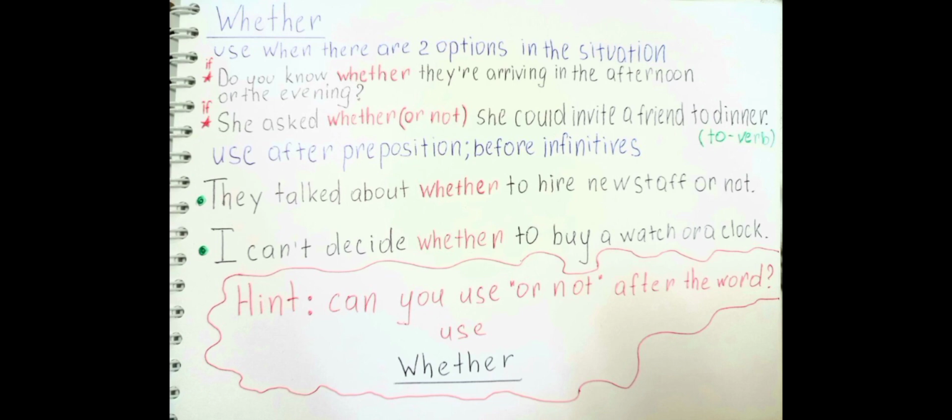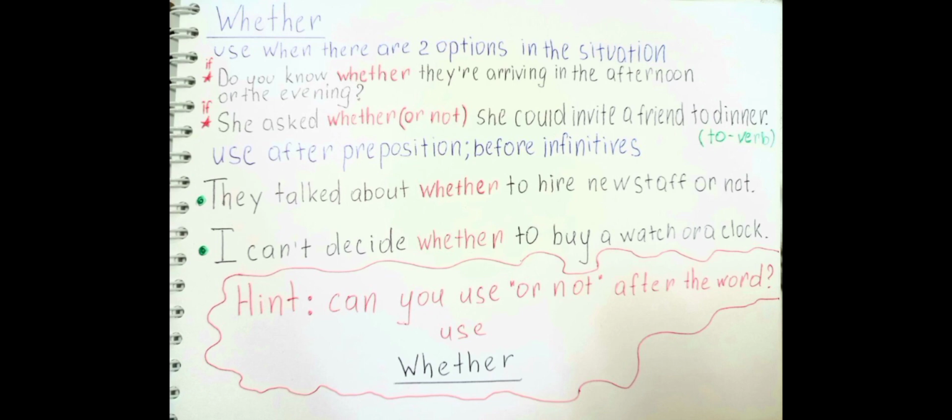But we use whether when there are two options in the situation. So if you think about the situation and you can say that there are maybe two choices to make, you can use whether instead of if.